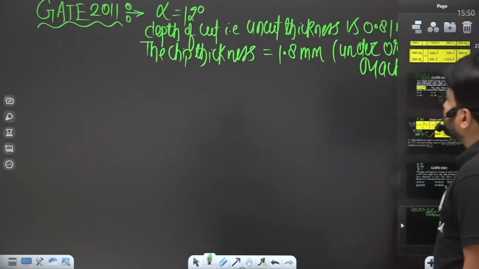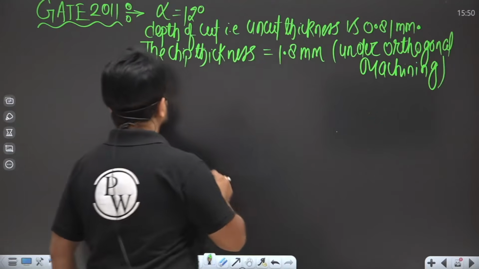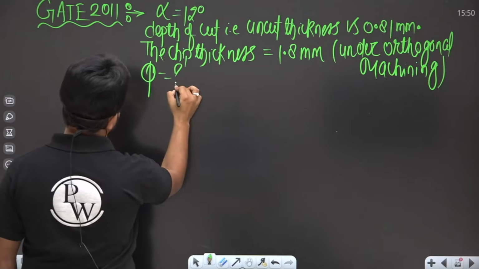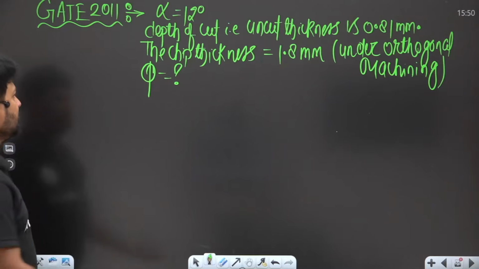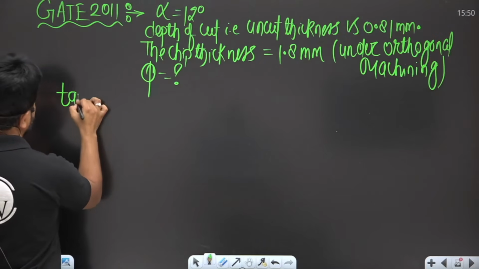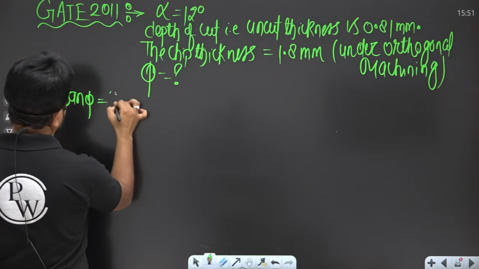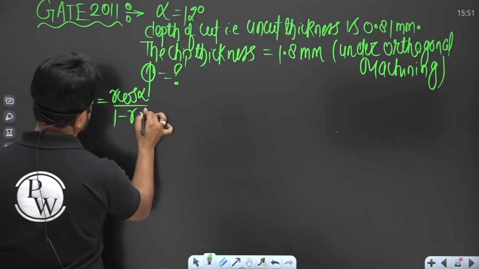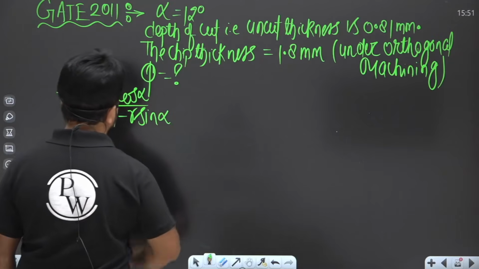So it is given to us. Now we have to find the value of the shear angle. We know that tan phi equals r cos alpha divided by 1 minus r sin alpha.